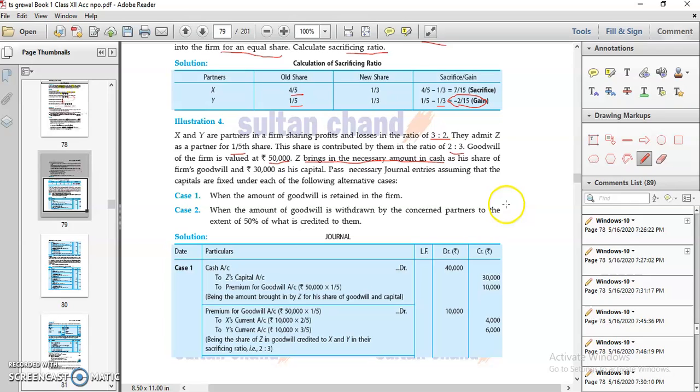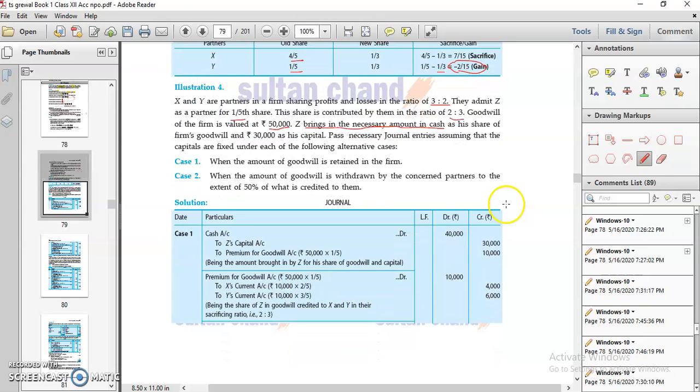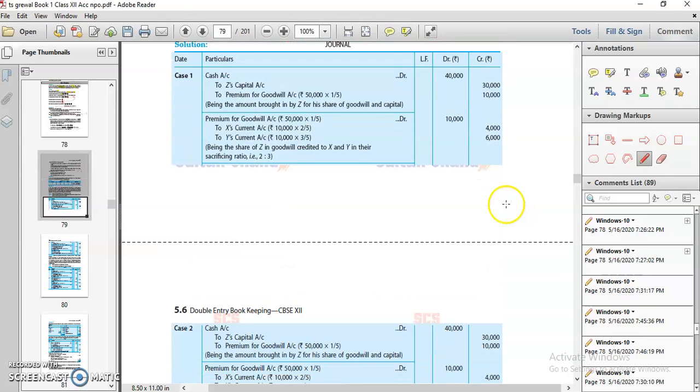Sacrifice ratio, which you have to calculate. So the premium for goodwill of 10,000 is divided in the sacrifice ratio, 4,000 and 6,000 between your old partners.